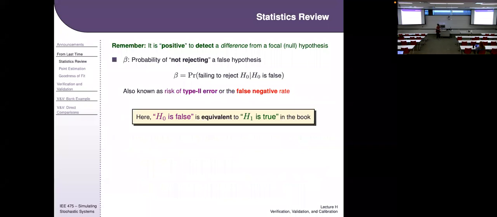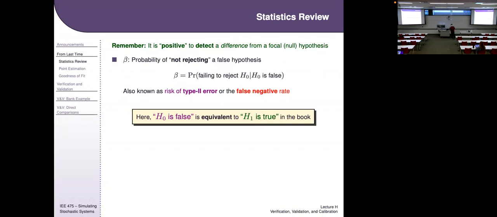Okay. All right, so saying that a null is false is equivalent to saying an alternative is true. So that can get confusing when we start talking about positives and negatives. A positive result is detecting that a null is false, but that can be equivalent to finding enough evidence to support an alternative hypothesis.